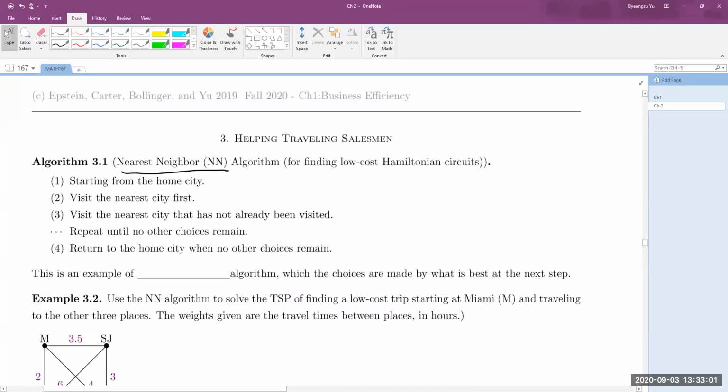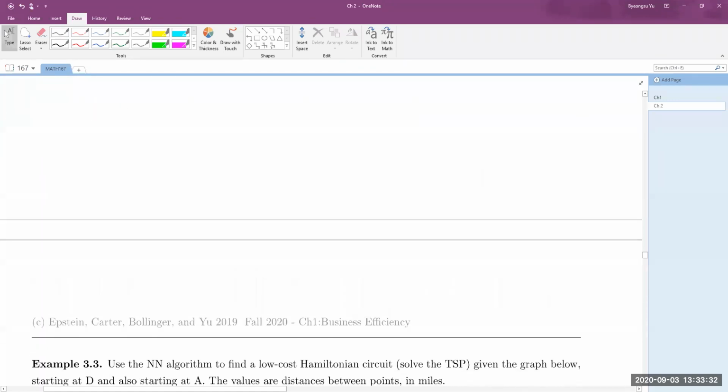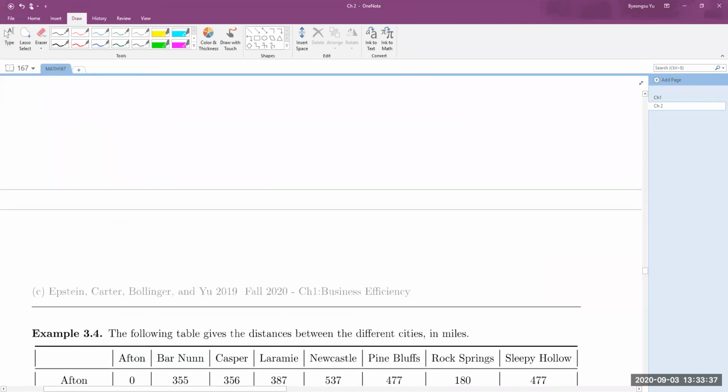First of all, you choose one home city where you start from, then visit the nearest city first, and then visit the nearest city you haven't visited yet. Repeat until no other choices remain. Then you have a Hamiltonian circuit. From the examples we did, it shows that it is better, but it may not be optimal in some cases, right?